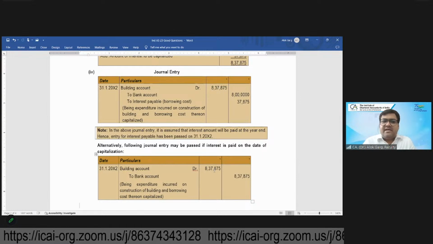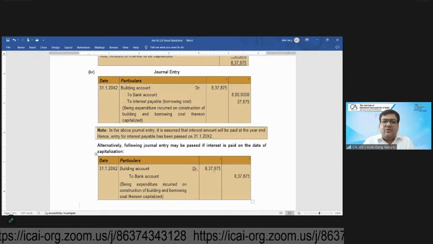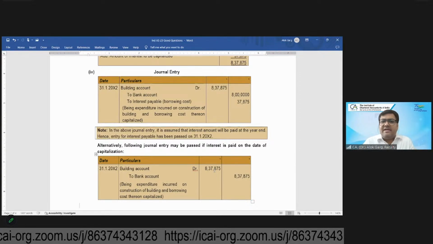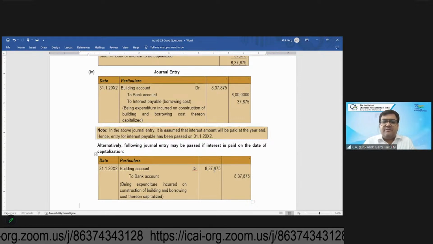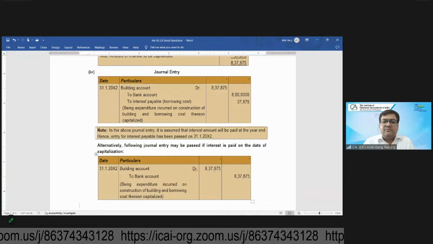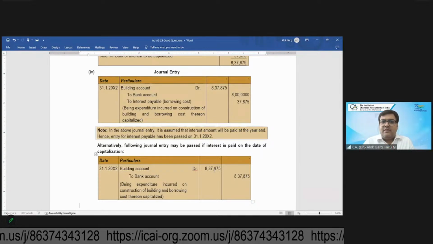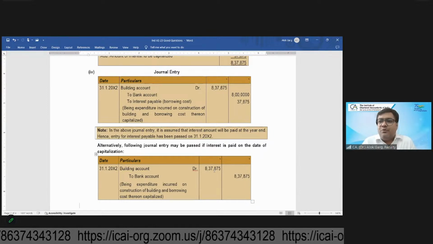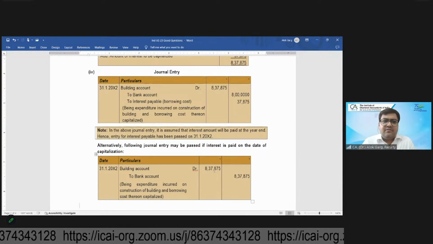So Abrakesh is asking why bank loan, why not bank? Abrakesh, I haven't understood your question. Abrakesh, can you unmute yourself and ask the question?